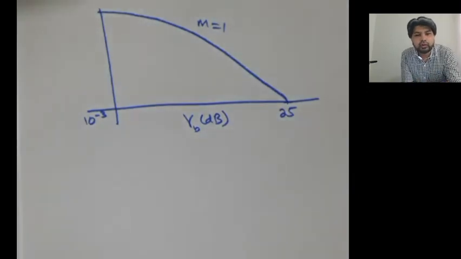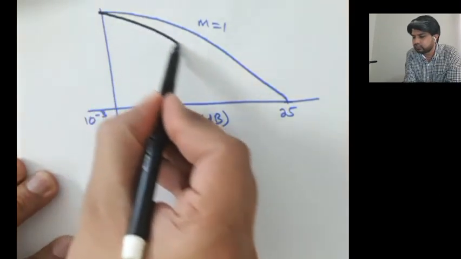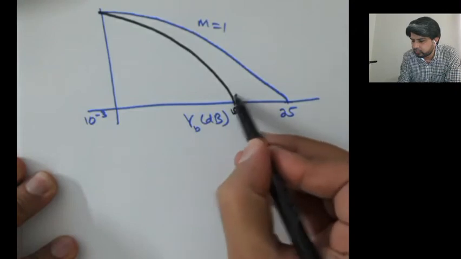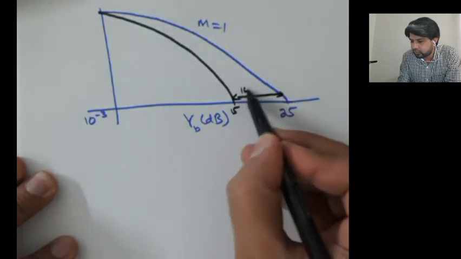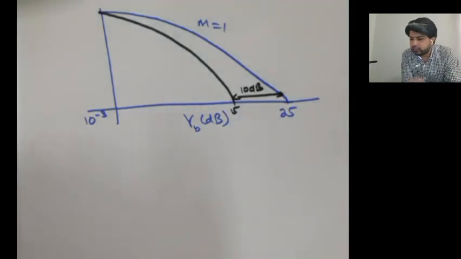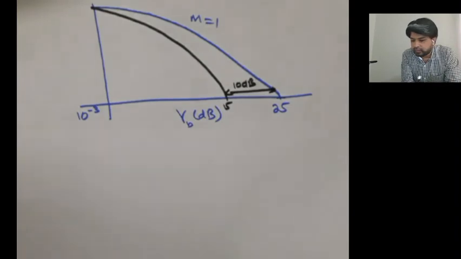If you move from m equal to 1 to m equal to 2, you would have a gain of 10 dBs here, at 15 dBs. In other words, you would get an average symbol error or bit error probability of 10 to the power minus 3.